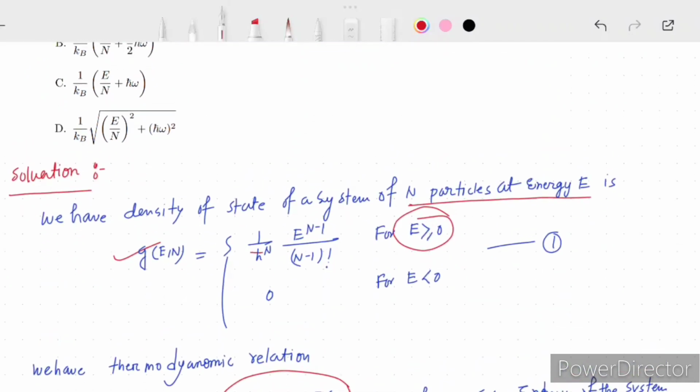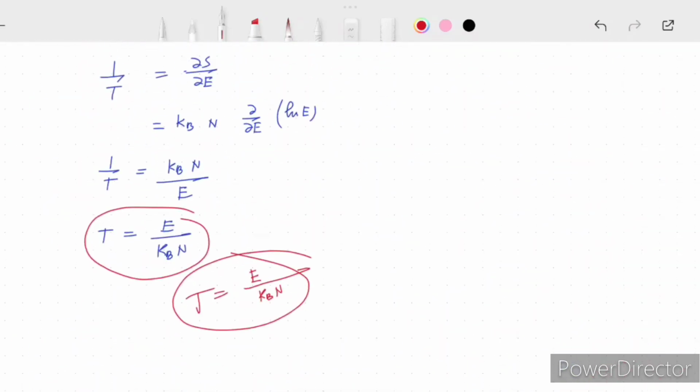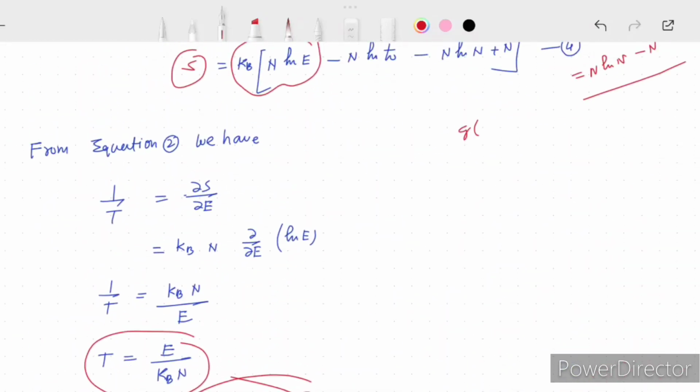So if we have a density of state, how do we calculate the temperature? Here is a flowchart. Given a density of state, to calculate the temperature of the system, first we calculate the entropy, Kb ln gamma, where gamma is the number of microstates, and the number of microstates has a relationship with the density of state.